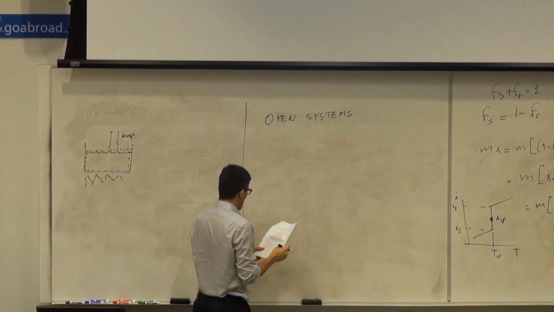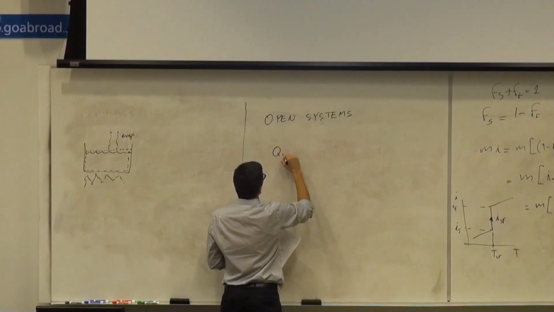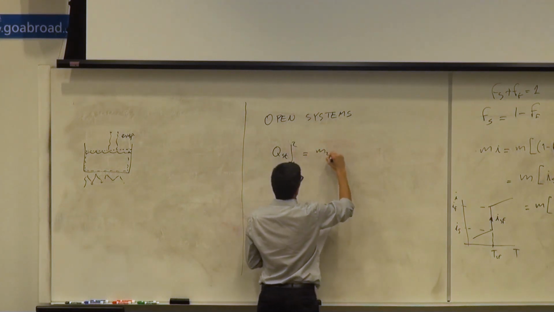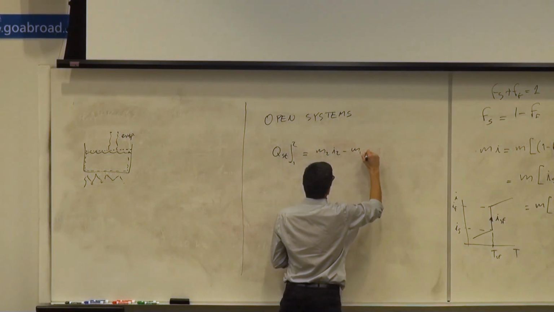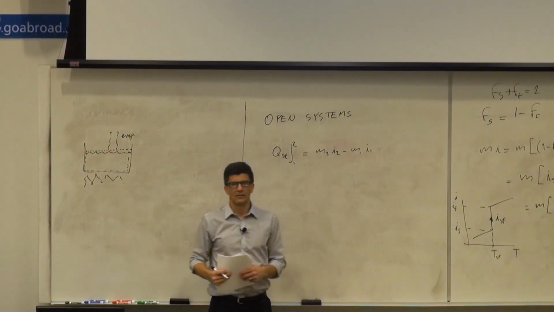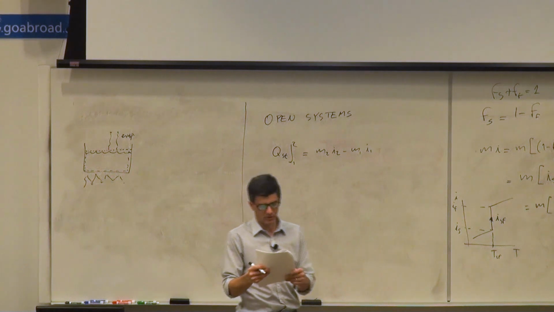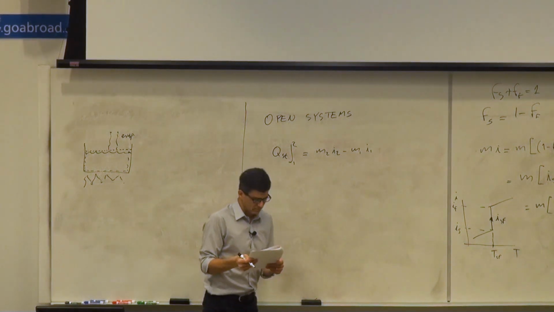If you remember, we said Q stored between 1 and 2 is M2 I2 minus M1 I1. This balance is always between 2 points in time. Let's call them 1 and 2, right?